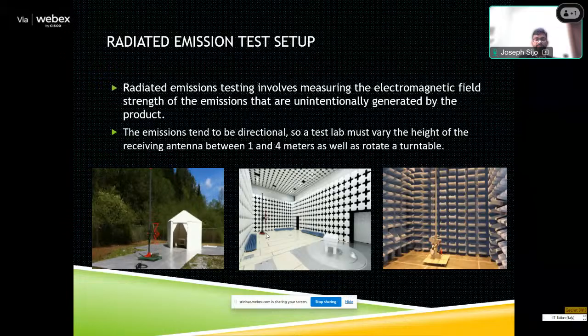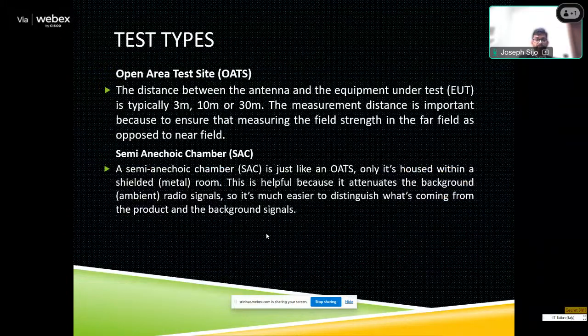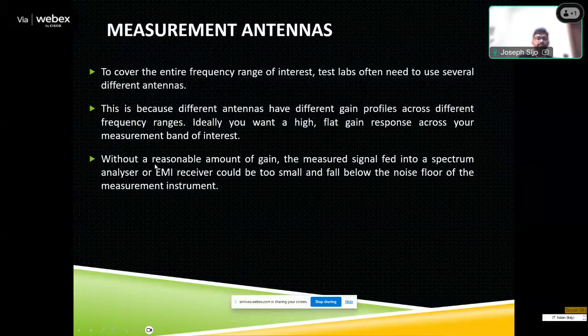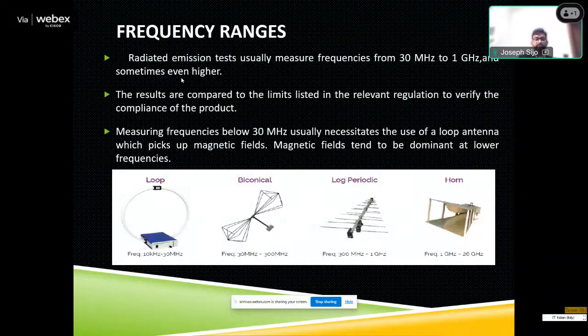That's why they make that kind of test setup for acoustic and electromagnetic testing. For EMC, we mostly use the semi-anechoic chamber and also measuring antennas. We use different kinds of antennas for measuring.